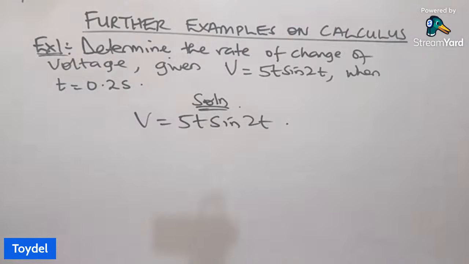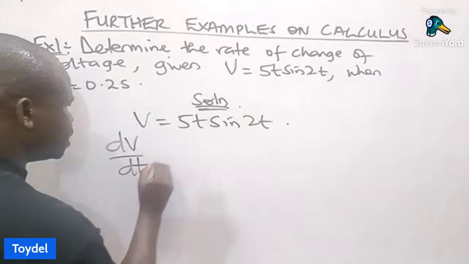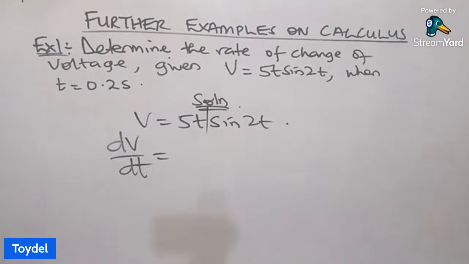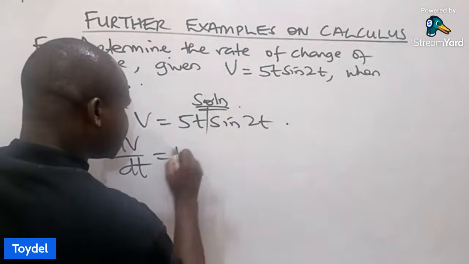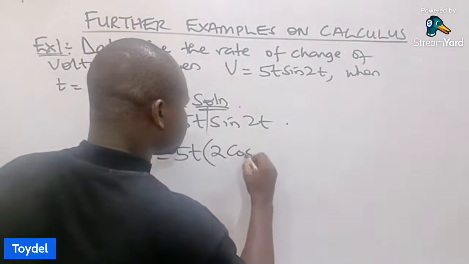We differentiate V with respect to t. That is, we have dV/dt. If we do that, of course, we are going to apply the product rule here. 5t, then sine 2t. If I pick 5t, I'm going to differentiate sine 2t. The derivative of sine 2t is 2 cos 2t.